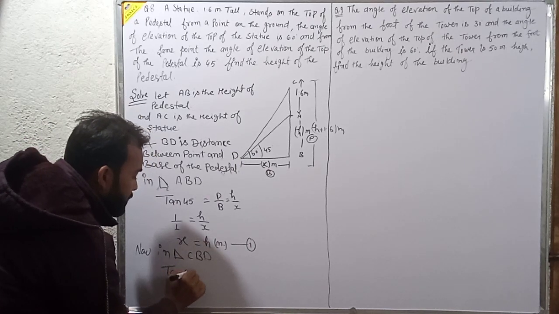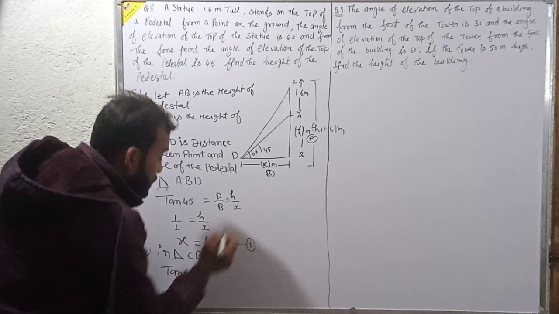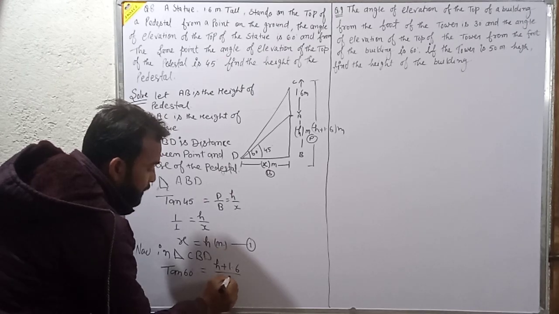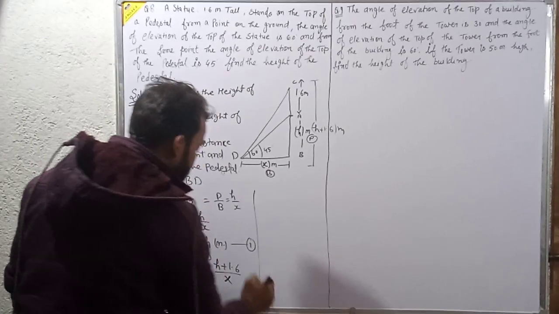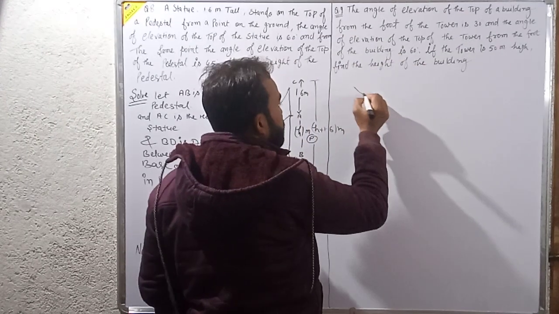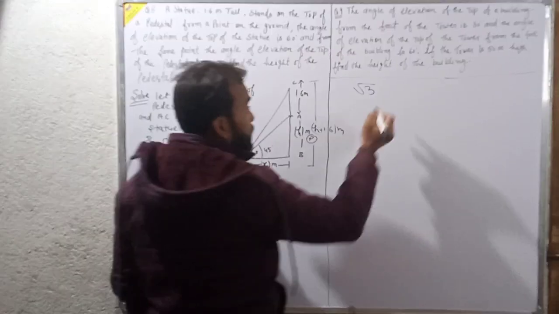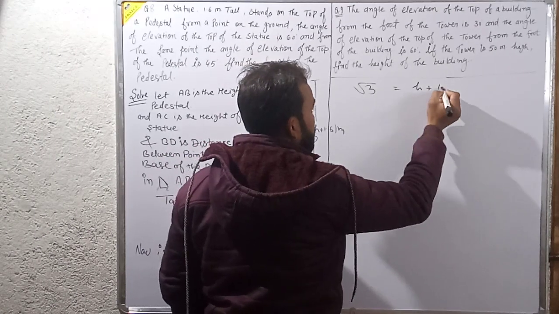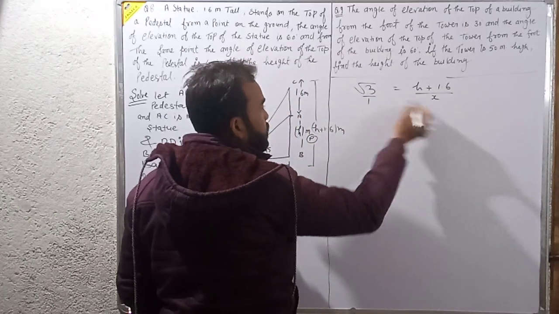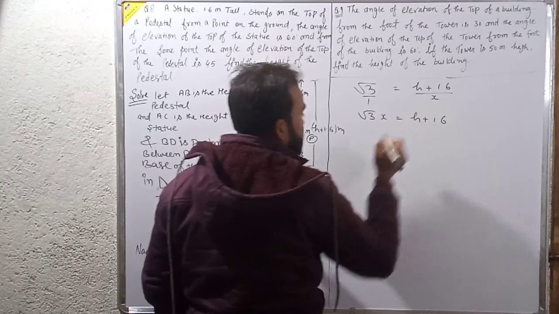Tan 60 degree is equal to P by B, that means H plus 1.6 upon X. Tan 60 degree is root 3. So root 3 is equal to H plus 1.6 upon X. Cross multiplication, so it will be root 3 X is equal to H plus 1.6.